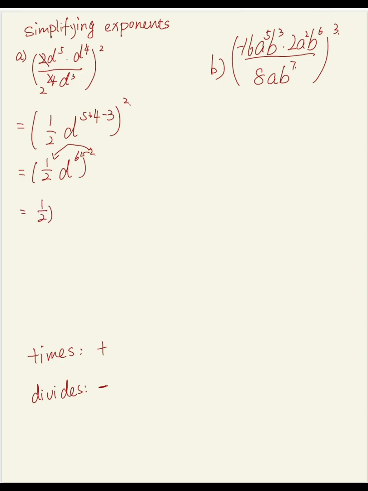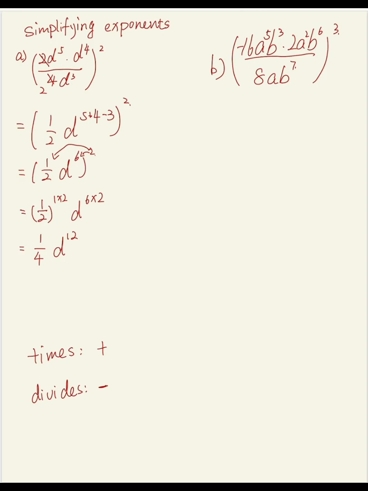For this part, the first part is 1 times 2, for d is 6 times 2, and this is 1/4 times d to the 12th.